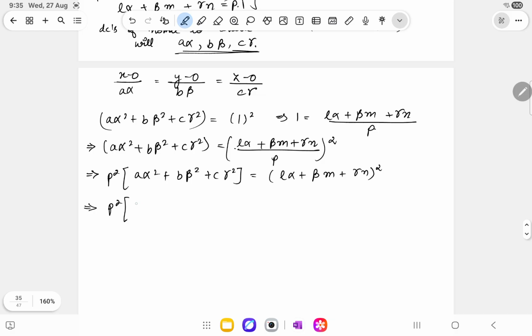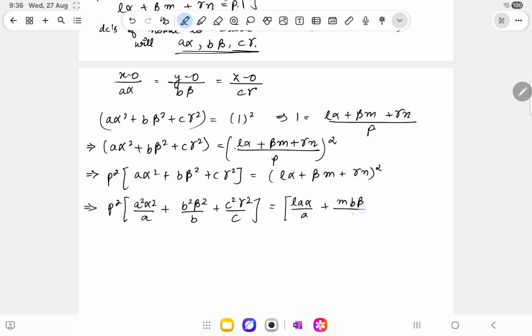So I can write it as a square alpha square by a plus b square beta square by b plus c square gamma square by c, which will be equals to L a alpha by a plus m b beta by b plus n c gamma by c whole square.